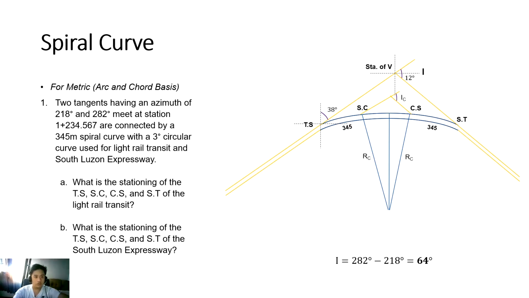Take note of TS, ST, and the like. TS means tangent to spiral, SC is spiral to curve, CS is curve to spiral, and ST is spiral to tangent.